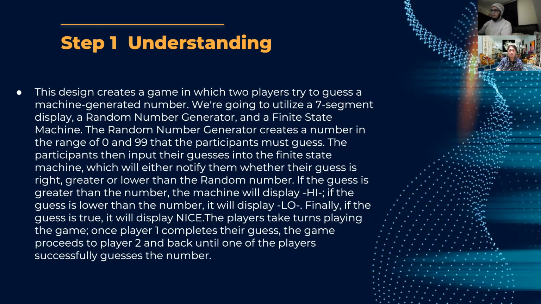If they guess higher than the random number, the machine will display high. It will display low if the input of the player is lower than the number. For the correct answer, it will display nice, as the you win phrase, as the player has guessed the number correctly.